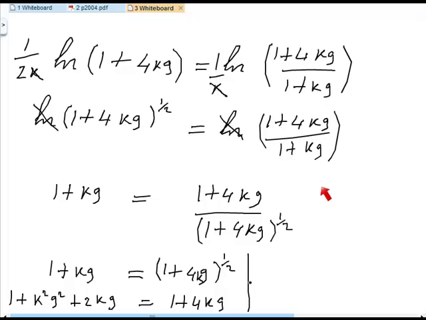That all becomes k squared g squared, ones cancel, k squared g squared is equal to 2kg, g's cancel, and one of the k's cancels, and you end up with k is equal to 2 over g.